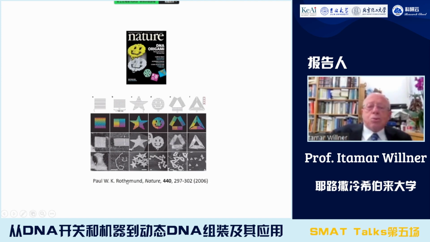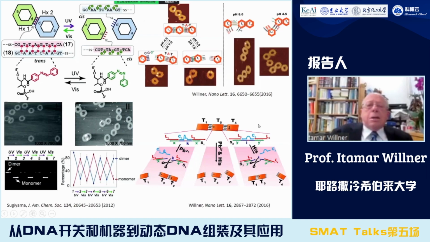All of you know that this is a revolutionary technology introduced by Rothemund, where he developed a method that can generate any structure of DNA using a computerized product that uses staple DNA units that staple a long chain of viral DNA.